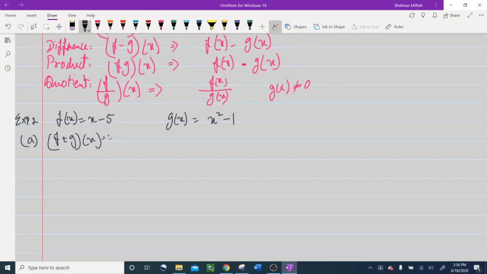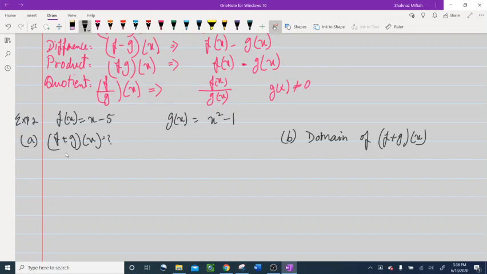First, find this. The second one, part B, is asking for the domain of this combined function, which is f plus g of x. So these two questions I have to answer by using these two functions.